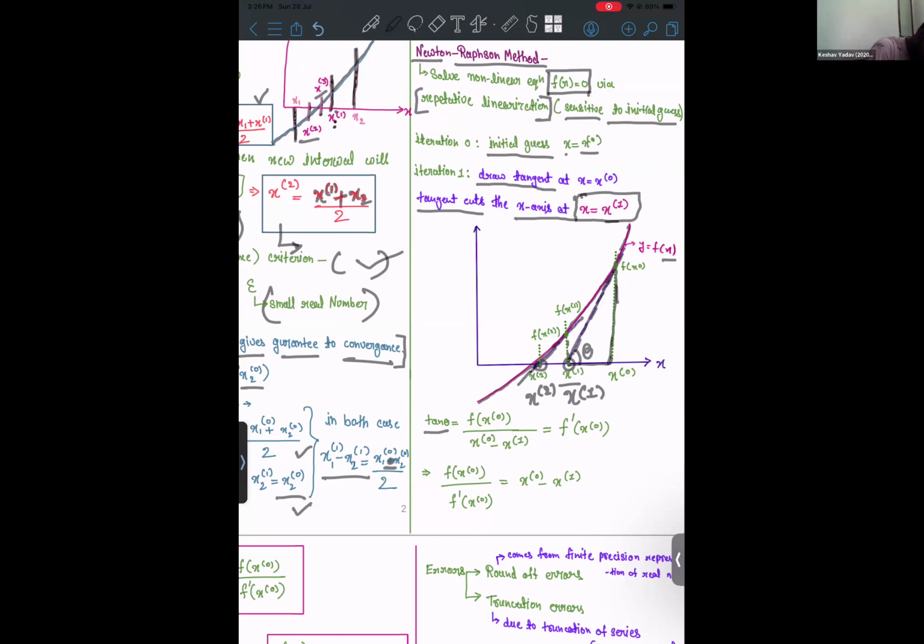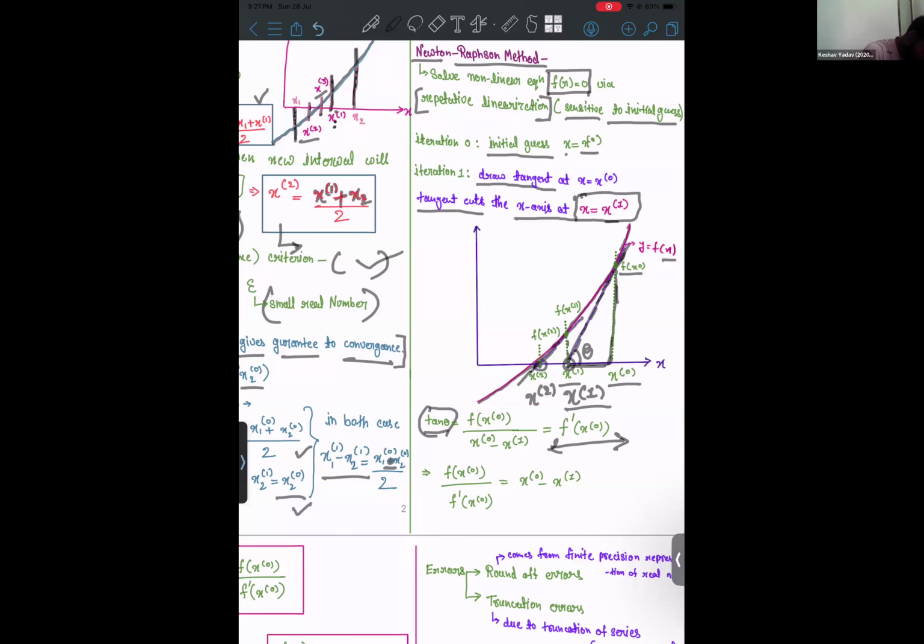Height will be f at the 0th iteration x value. The base will be the difference between x at the 0th iteration minus x at the first iteration. And this tan theta is nothing but the tangent, which can be written as the derivative at that point. So this will be equal to f prime at x at the first iteration.